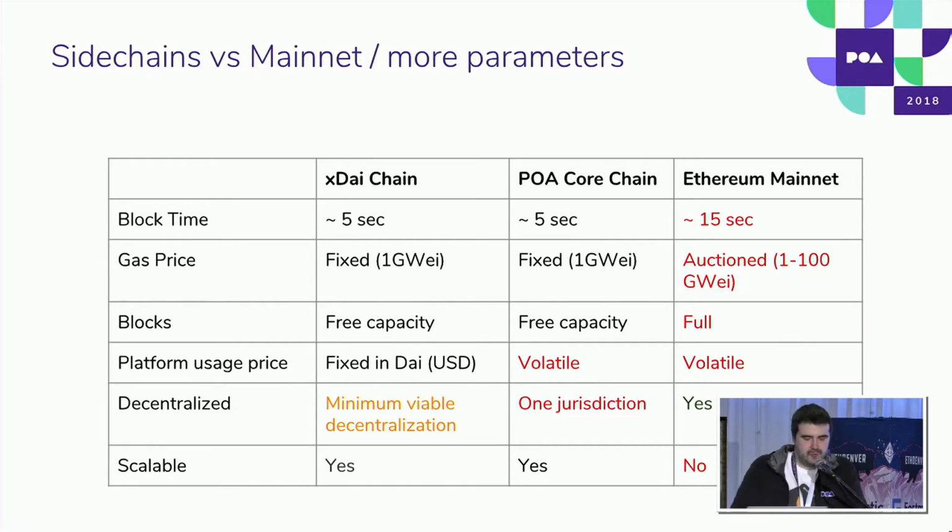The very important thing when you think about volatility of platform usage: in Ethereum, you have a volatile token price and a volatile gas price. In POA Core, our first sidechain, we made the native token and platform execution stable, so the gas price is stable and can be changed by on-chain governance, but validators have not increased it for like a year and 3 months.